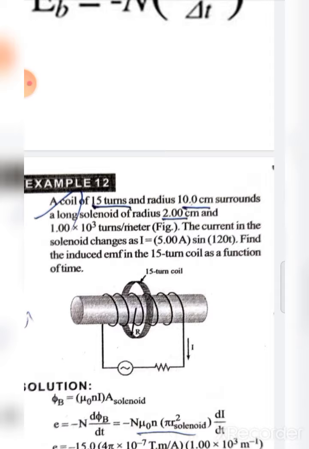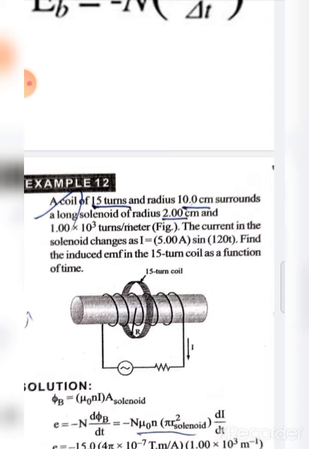Substitute the formula for phi B, which is for a solenoid. So substitute: minus N into mu naught n into pi r squared, where pi r squared represents the area, into dI by dt. Substitute all the parameters. Finally we get the induced EMF E is equal to minus 14.2 cos 120t millivolt. So this is the induced EMF.